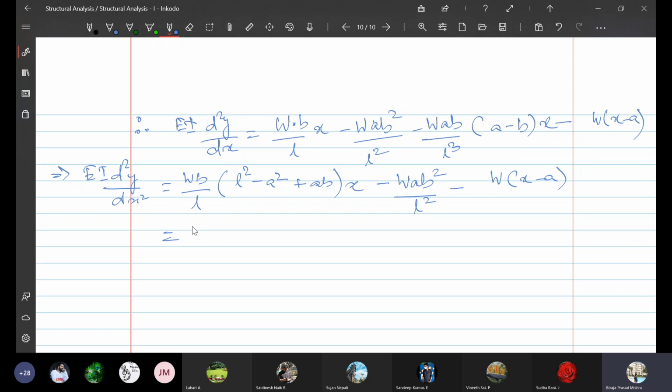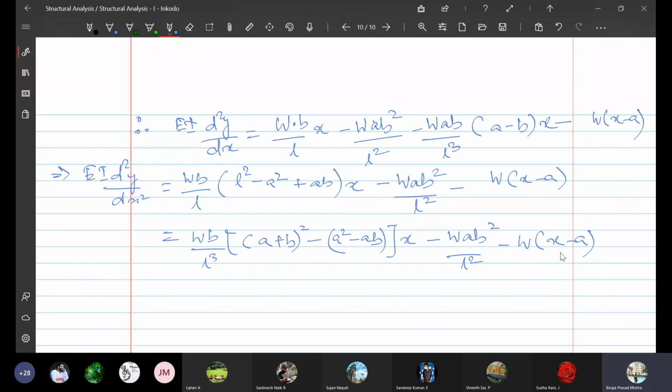Again, if I further simplify this, this becomes WB by L cube into (A plus B) whole square minus A square minus AB, into X minus WAB square by L square minus W into (X minus A).